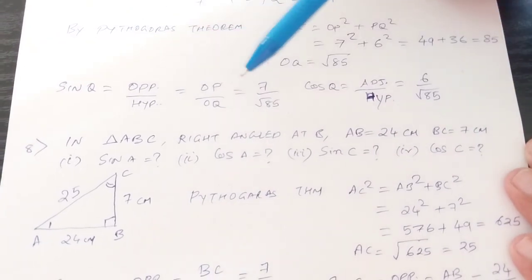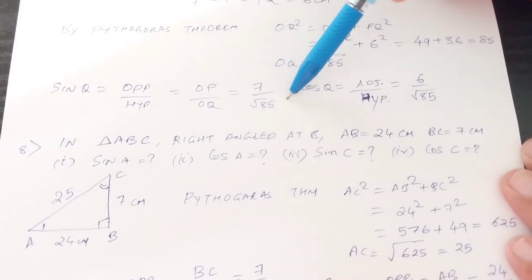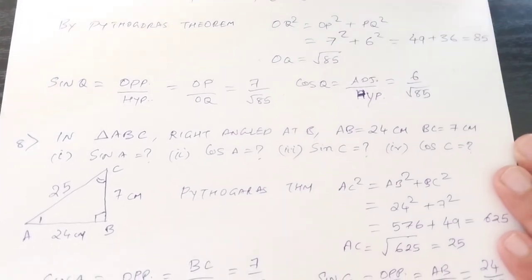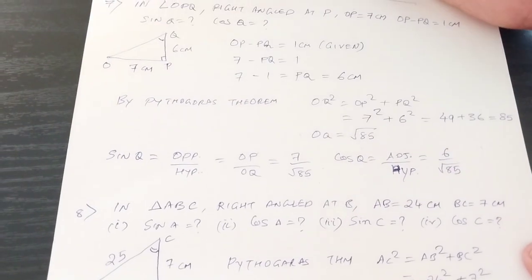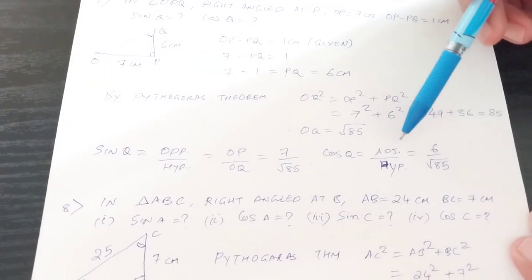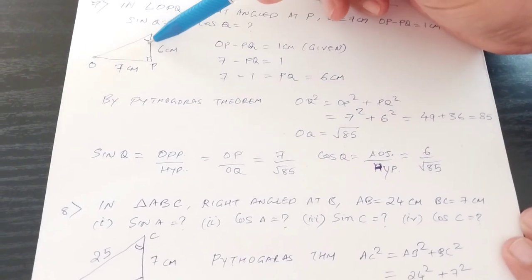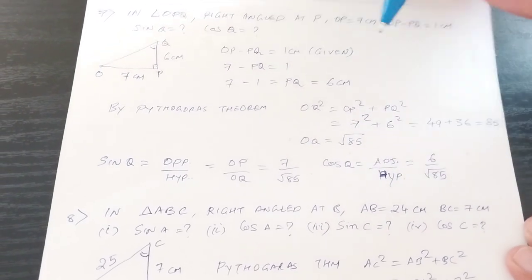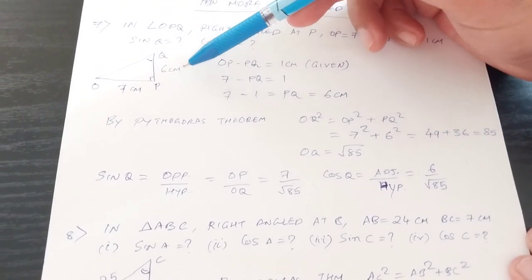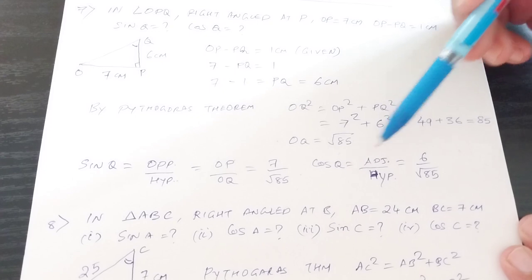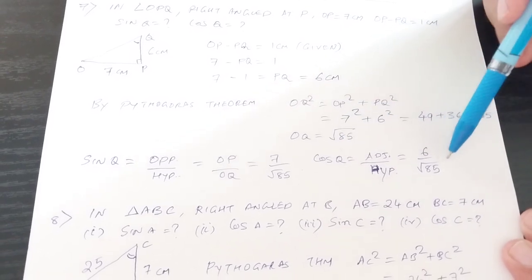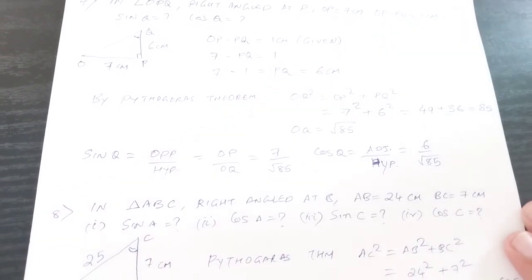So sine Q is 7 by square root of 85. What is cos of Q? Cos of any angle is adjacent by hypotenuse. In case of angle Q, the adjacent side is PQ, which is 6 centimeter. So adjacent side divided by hypotenuse, square root of 85. So cos Q is 6 divided by square root of 85.